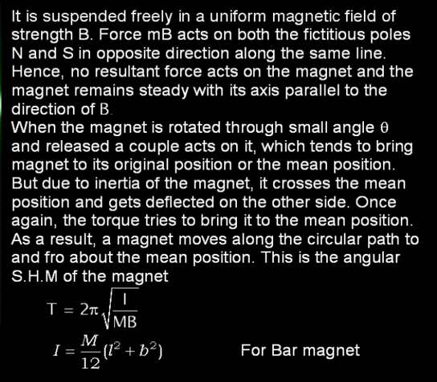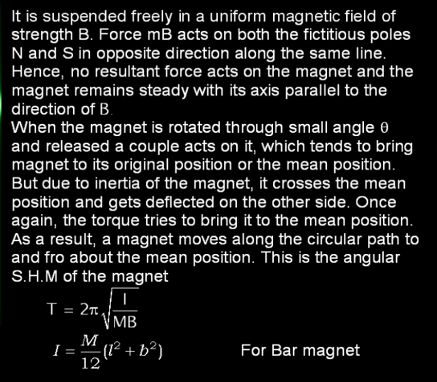Forces mB act on both the fictitious poles, north and south, in opposite directions along the same line. Hence, no resultant force acts on the magnet and the magnet remains steady with its axis parallel to the direction of B. When the magnet is rotated through small angle theta and released, a couple acts on it which tends to bring the magnet to its original position or the mean position.